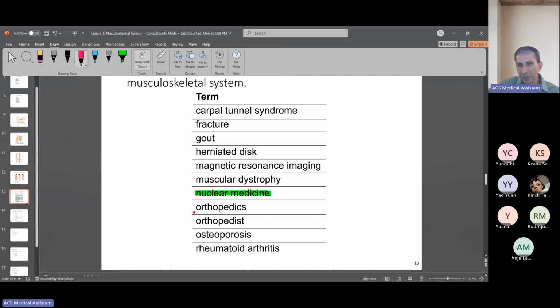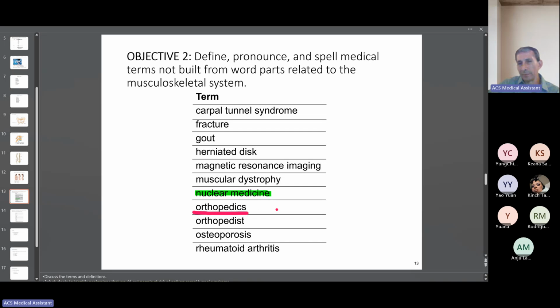But orthopedics, you need to know what is orthopedics. Remember, orthopedics, pertaining to the articulations.